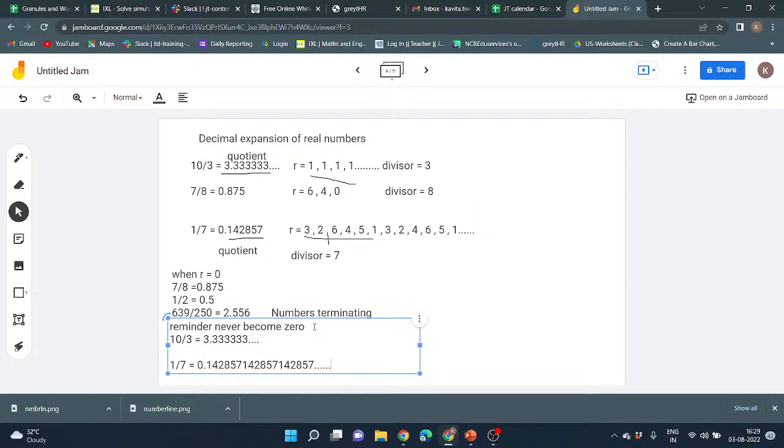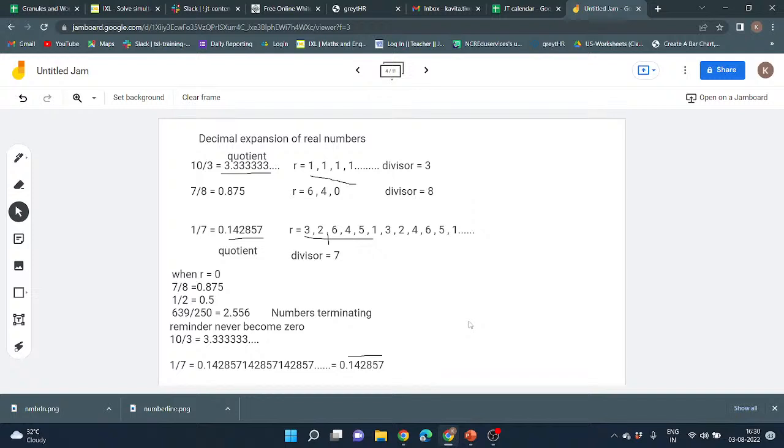The answer would be repeating, having a repeating string, and we will write this type of number as 0.142857 bar, where the bar above the digits indicates the block of digits that repeats.